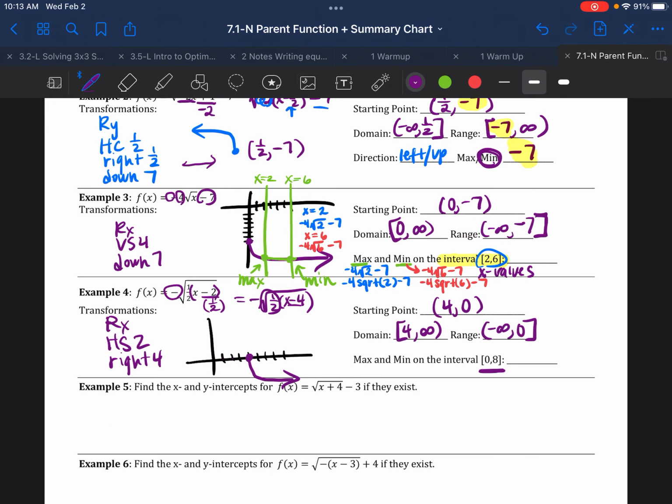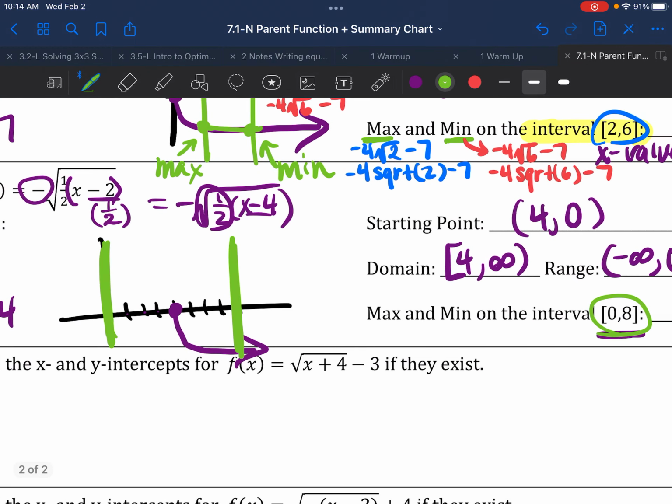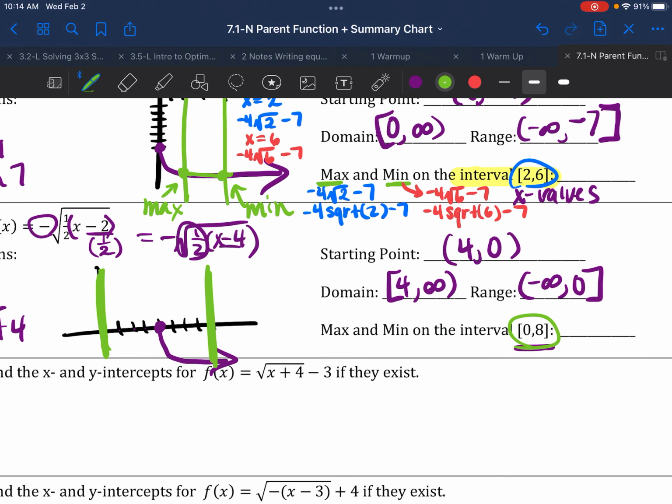All right, so for our max and min, if we are looking at the interval 0 to 8, 0 is over here, 8 is over here. And so the question I always get is, do we actually have to draw the picture? And the answer is yes, because if you just start plugging in this interval, you're going to get an error and you're going to think it doesn't exist.